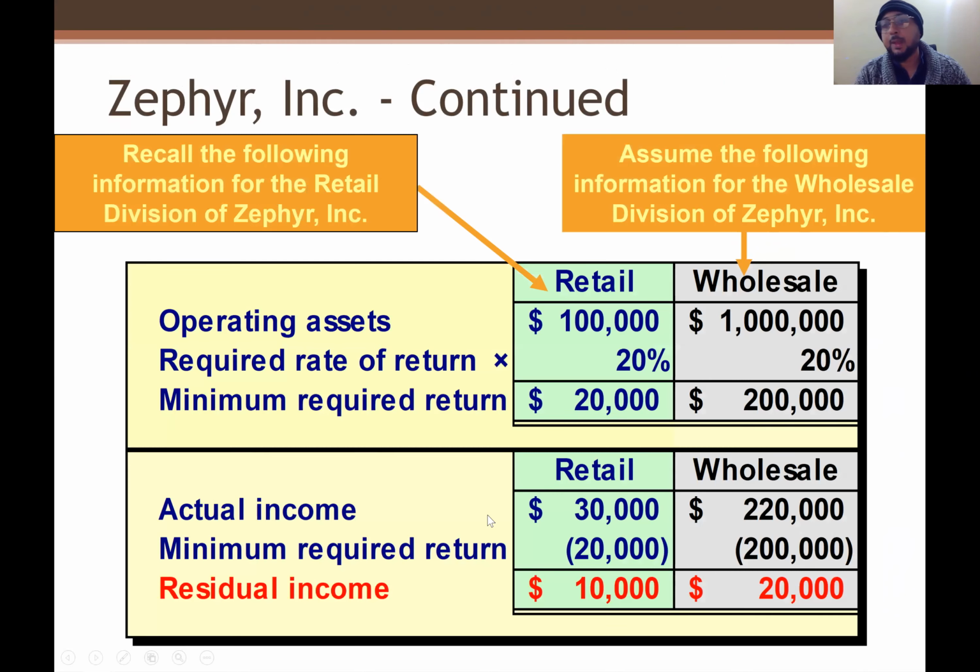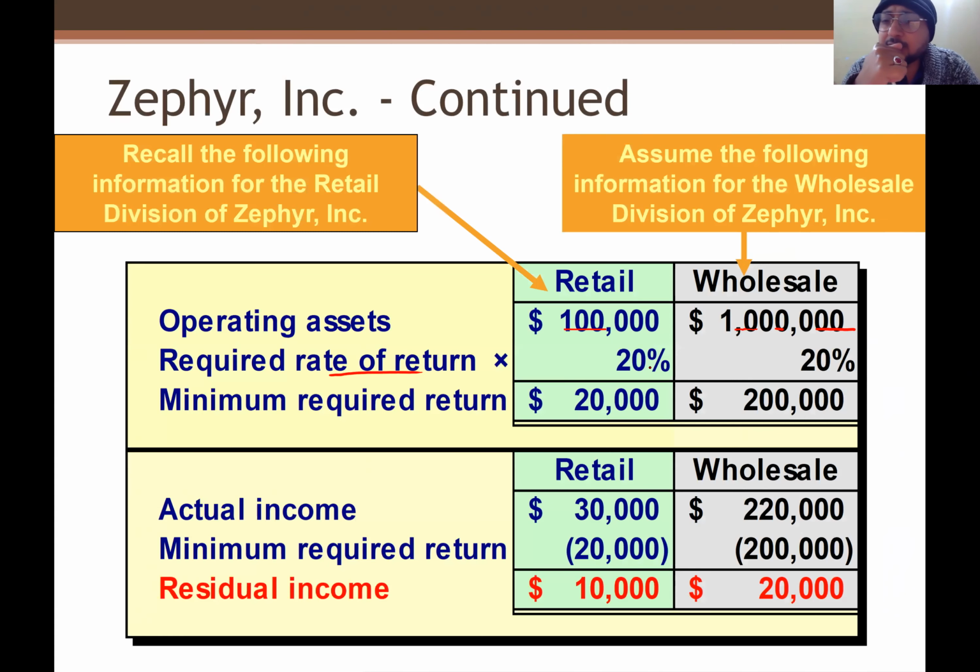Okay, we have a retail division and we have a wholesale division. Look at the size. The retail division has operating assets of only $100,000, while the wholesale department has average operating assets of $1 million. The organization gave a minimum requirement of 20% for both.